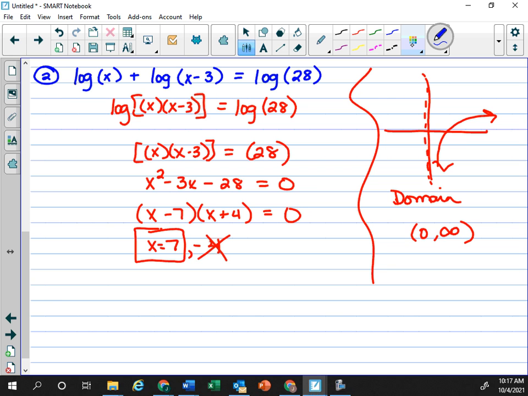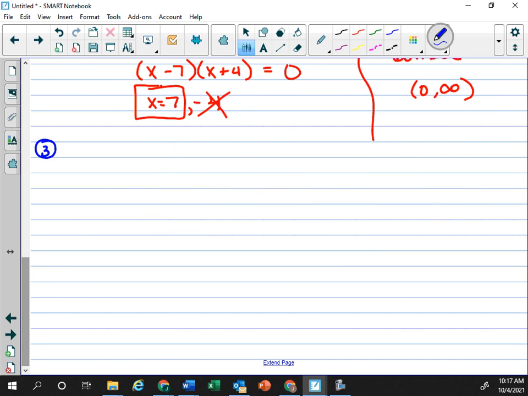All right, let's try another one. It's going to look different again. All right, we've got the natural log of x, the whole thing squared, plus natural log of x, minus 12 equals 0.